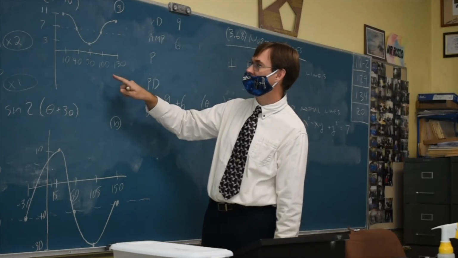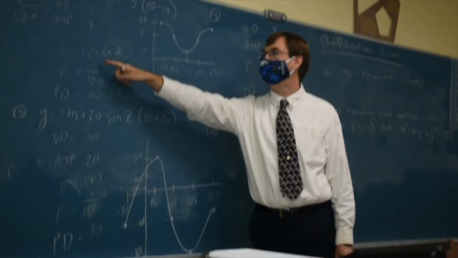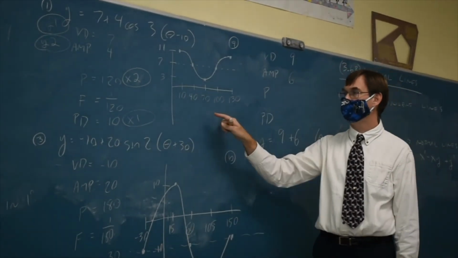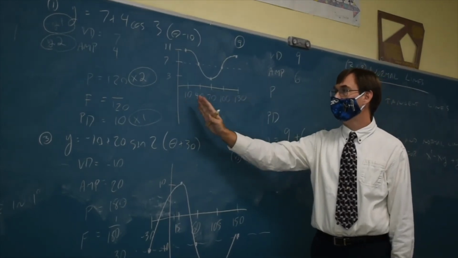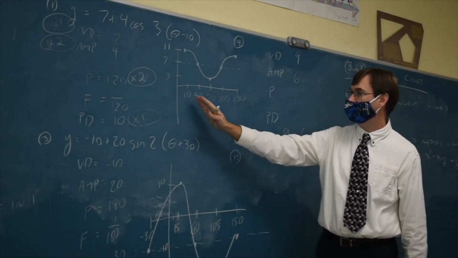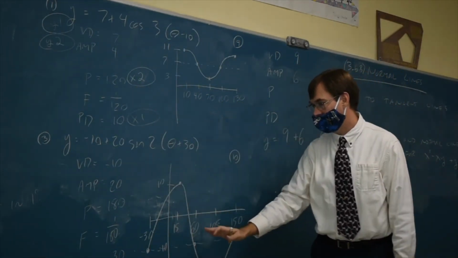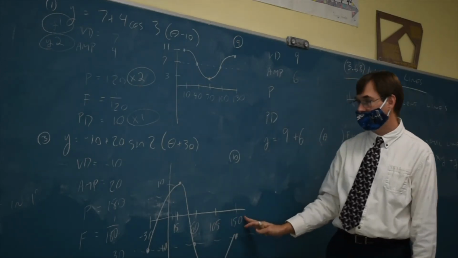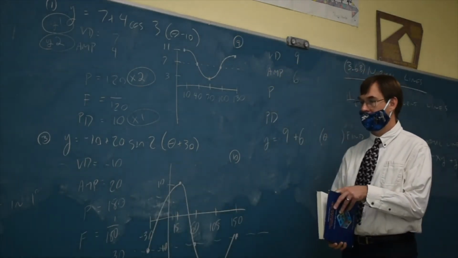On this graph, how could we have figured out a period of 120 if we tried to reverse the process? The distance from the beginning to end. So from 10 to 130 is a span of 120. Down here from negative 30 up to positive 150, that's a span of 180. We need to work that backward now.